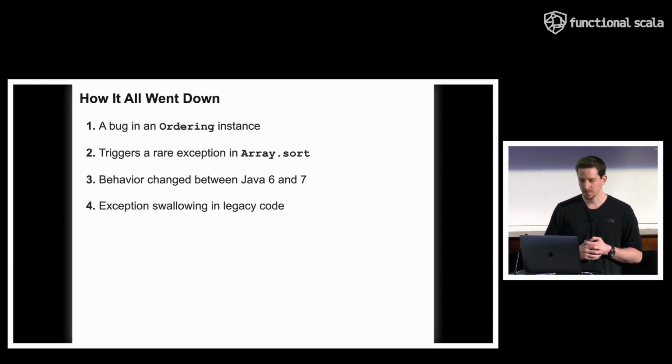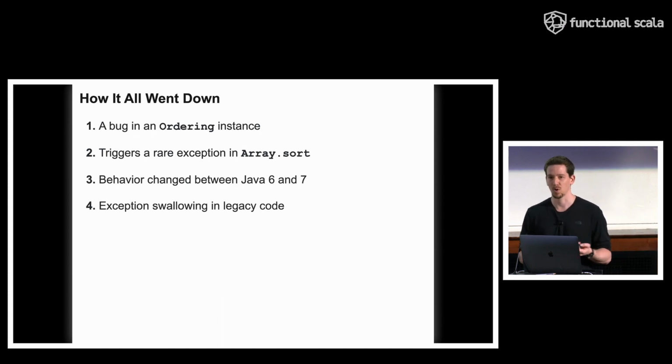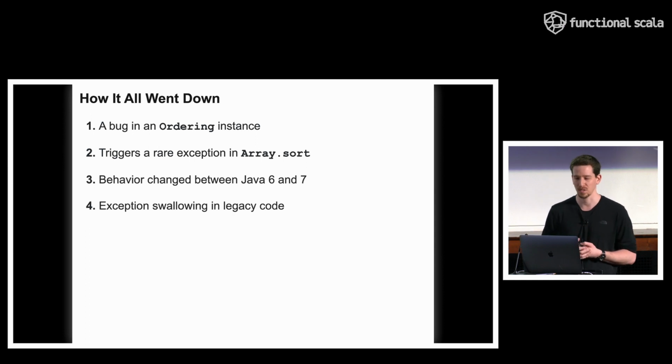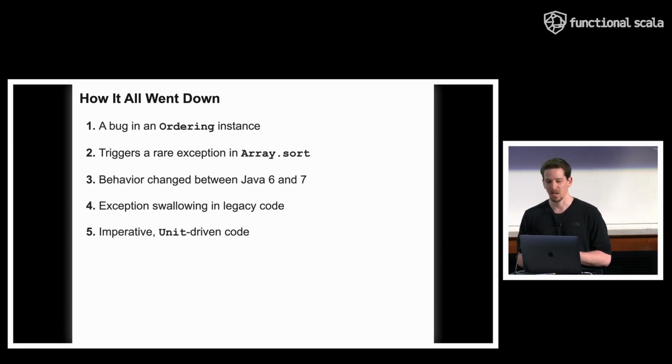And so we had some poor integration with legacy code that swallowed exceptions, so instead of proper exception handling, we just swallowed it silently, never a good idea. This all was hidden in very imperative code that was additionally very poorly typed, unit being a very particular culprit here.